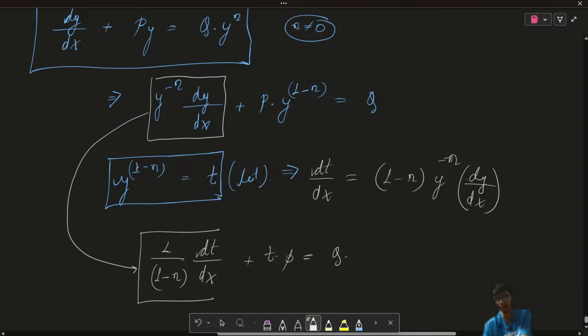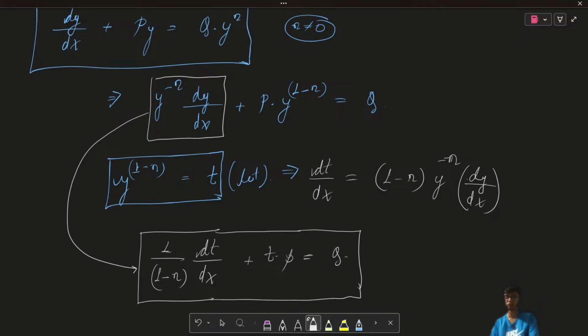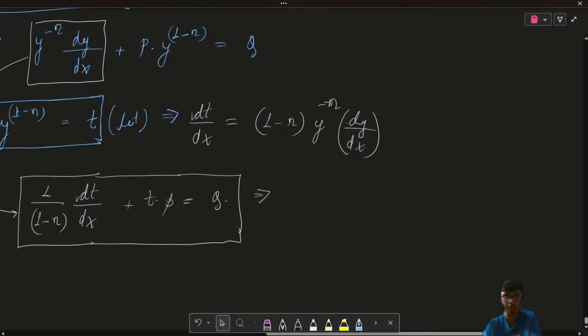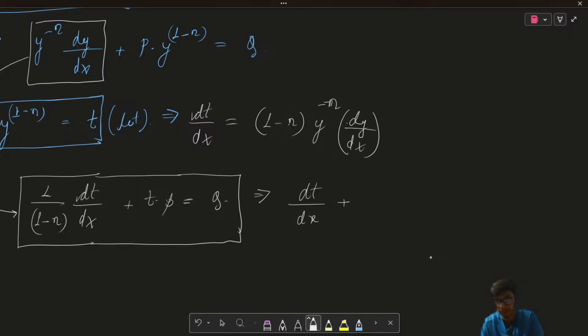Now please note that once we did this particular substitution, our differential equation will be converted into the form of the linear differential equation, which I can also simply write as, because n is a constant, so 1 minus n is also a constant, dt upon dx plus 1 minus n times t into p is equals to 1 minus n times q.